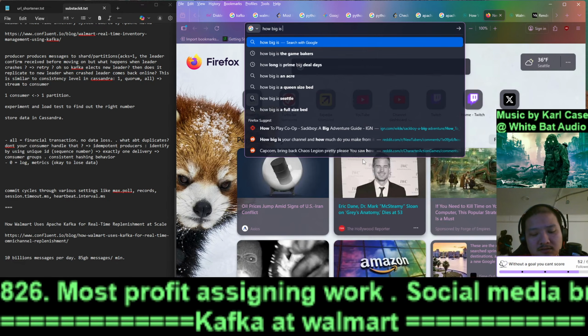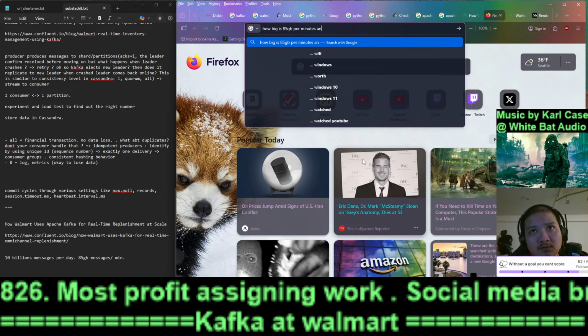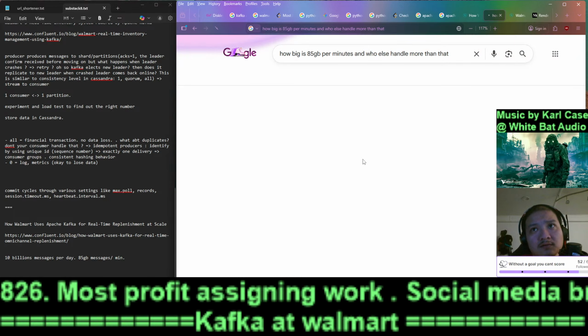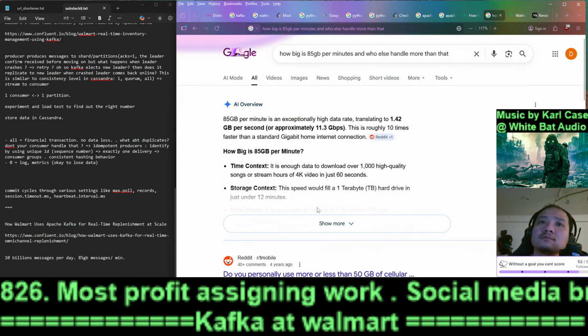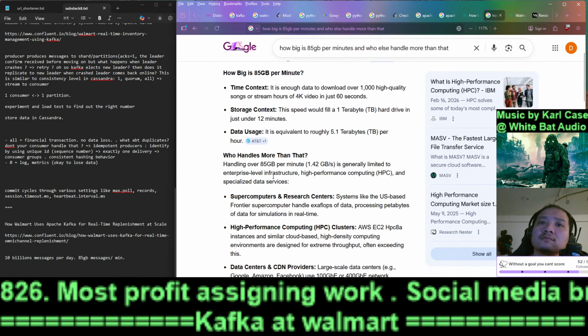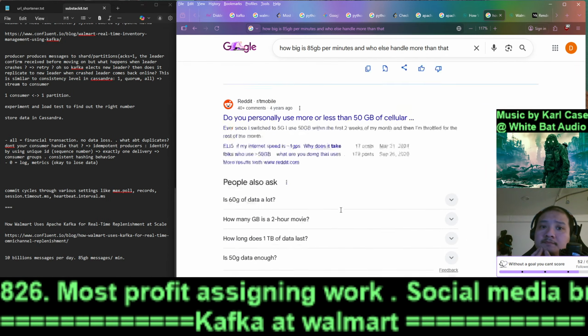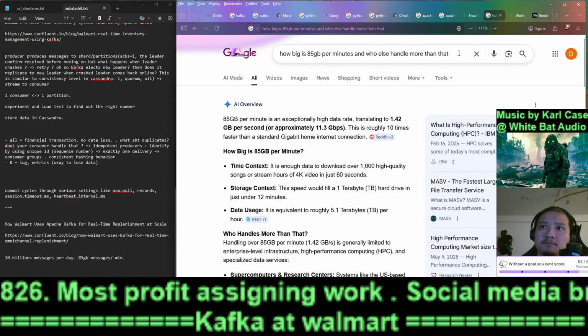How big is 85 gigabytes per minute? And who else handles more than that? Compare between big tech.